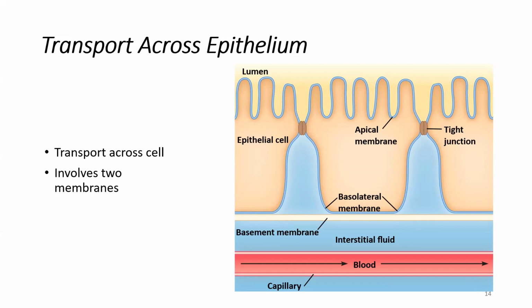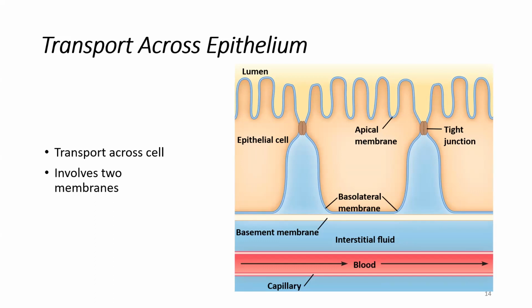Think about the gut. Think about movement of glucose, movement of other absorbed nutrients into our bloodstream. They have to make their way across that epithelial membrane. Same thing in the kidneys. When we absorb and excrete water through the kidneys, those molecules and water have to make their way across these epithelial membranes, or these barrier membranes.